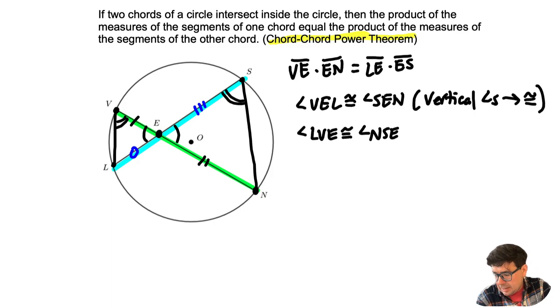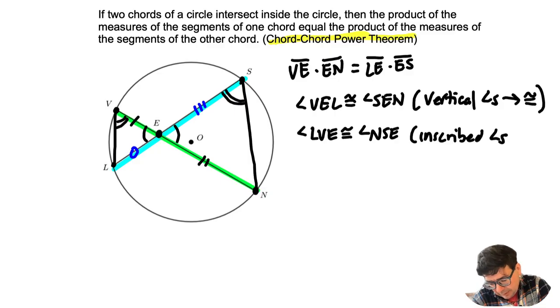What's happening is we have inscribed angles, which are angles that are on the circle. These two inscribed angles share the same arc. If that happens, then they're congruent.